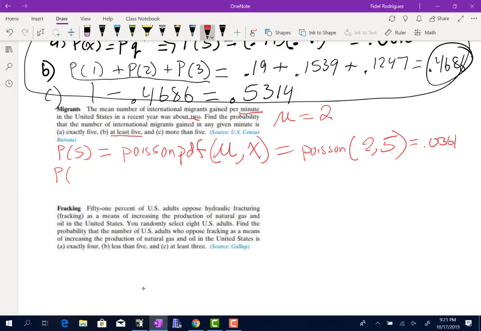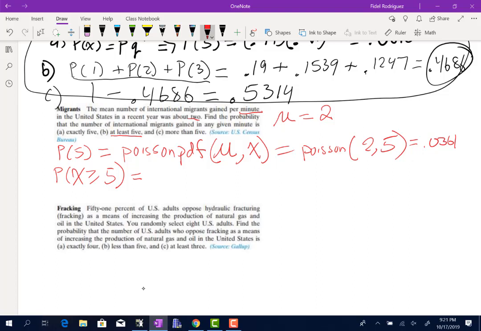At least 5. What do you think at least 5 means? 5, 6, 7, 8. That means that our number is going to be greater than 5, right? So we're going to figure out what would it be for 5? What would it be for 6? What would it be for 7? What would it be for 8, right? Well, I don't know when we're going to stop.